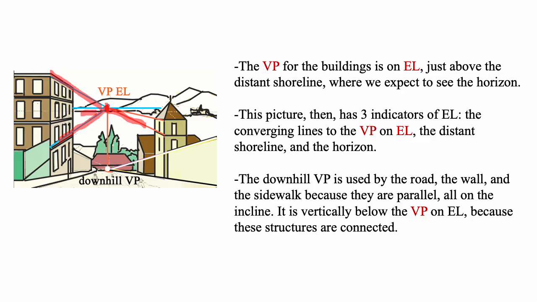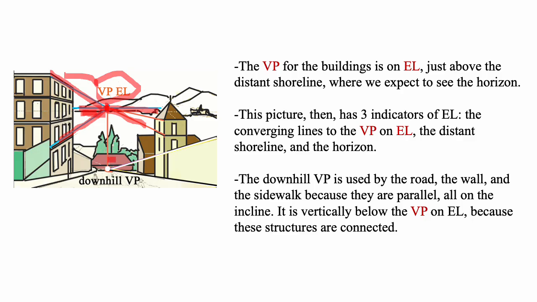So in a previous video, I talked about the 6 indicators of eye level and that they all must agree. And 3 of them we can see here: a distant shoreline, which is usually very close to the horizon. Number 2, the horizon itself tells us where eye level is. And number 3, a vanishing point on eye level. So converging lines help us identify eye level.